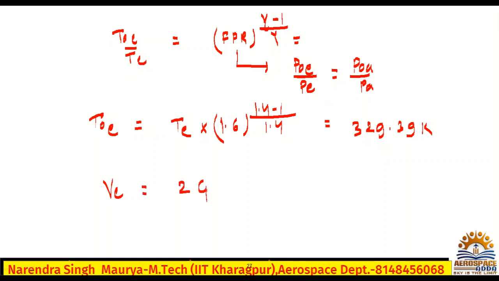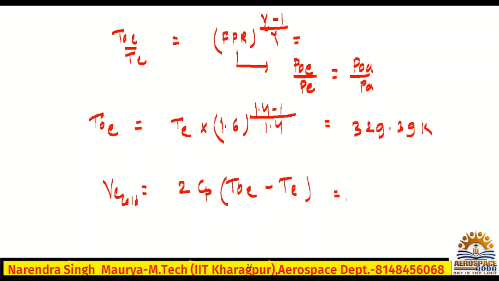How much? Root of 2 Cp. Use this value. So exit velocity of the hole. Check how much you may get this.